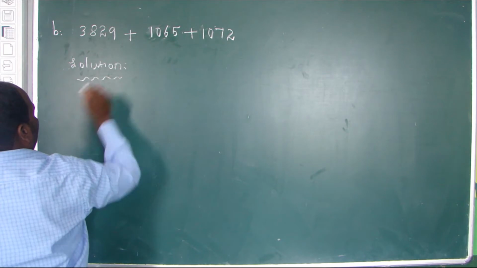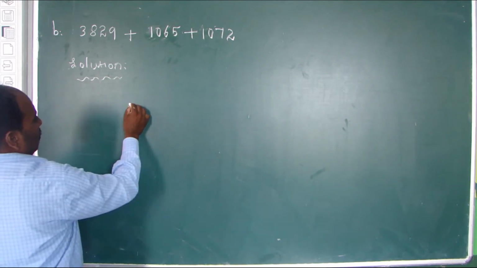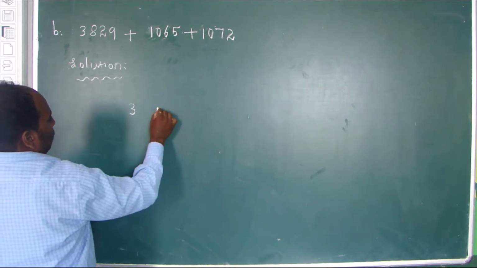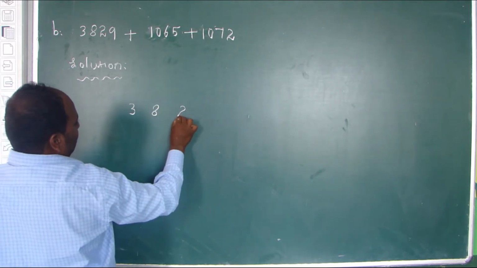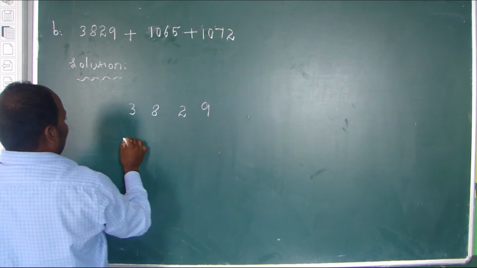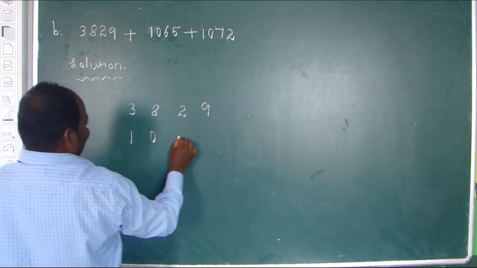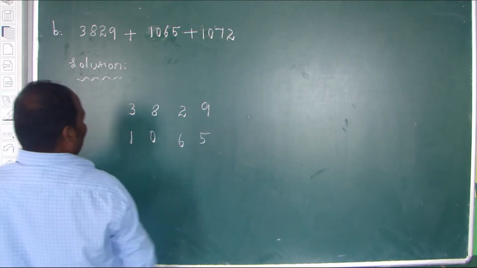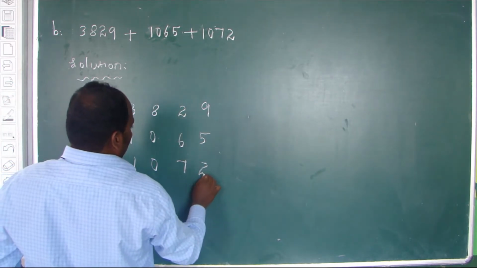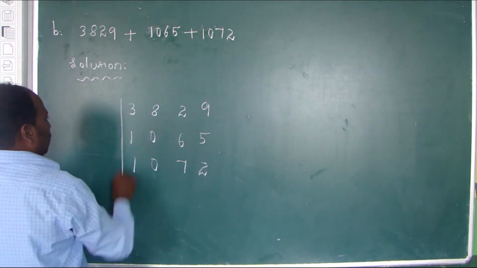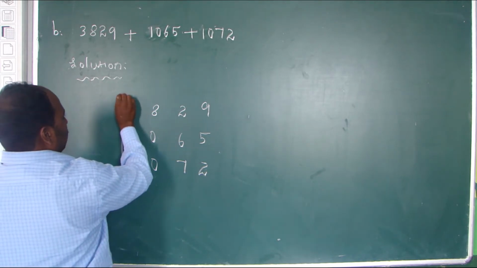Solution. Arrange the numbers vertically. 3,829, 1,065, 1,072.